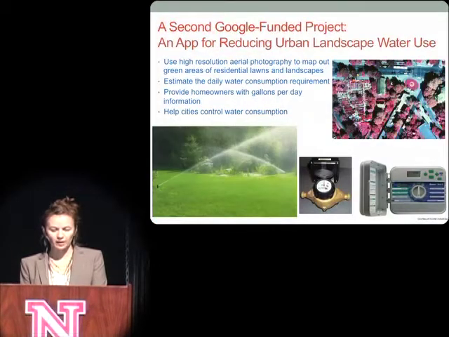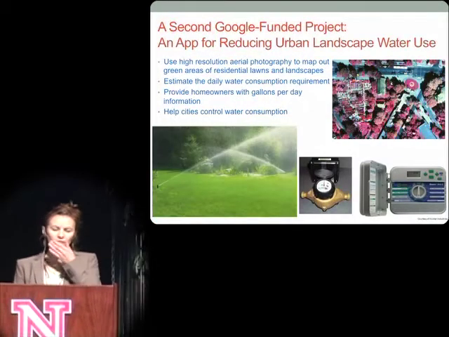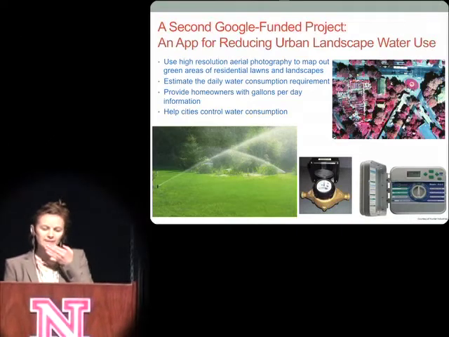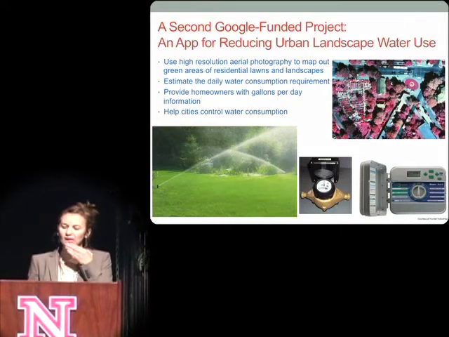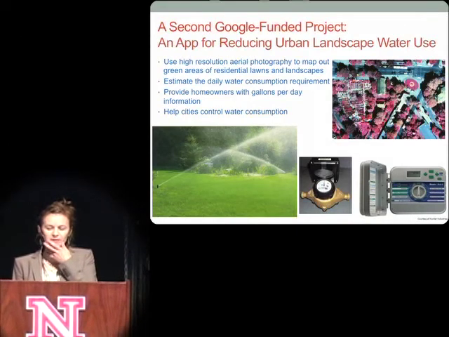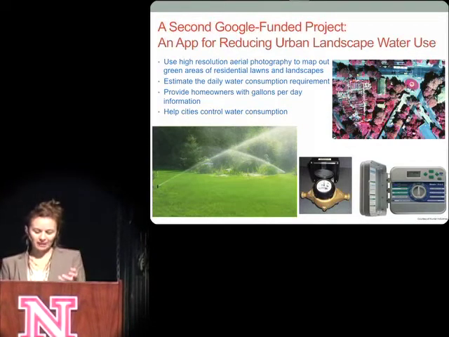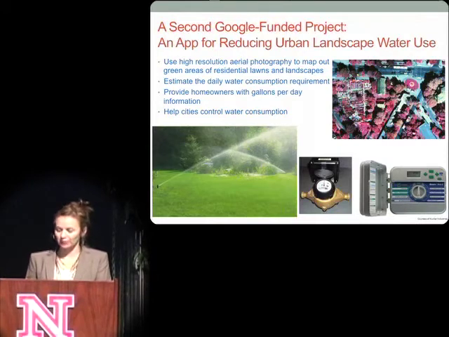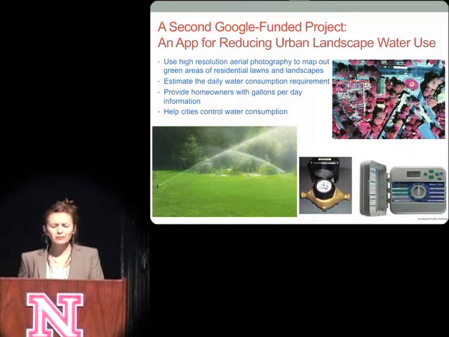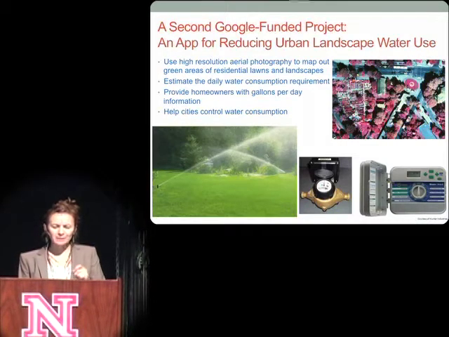All right. The next project for Google that I got funding for, this is independent of the other universities, is really to develop an app. Eventually, I'd like to see us developing an app that we can use on Apple phones, iPhones, or smartphones.